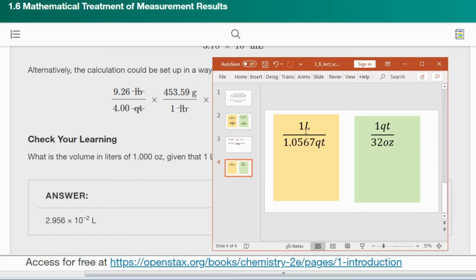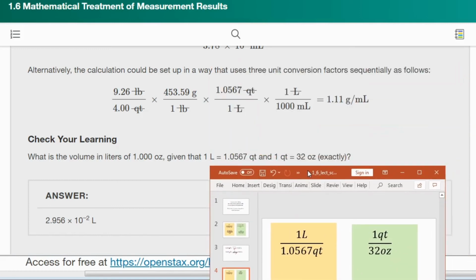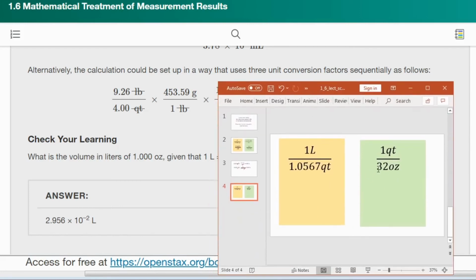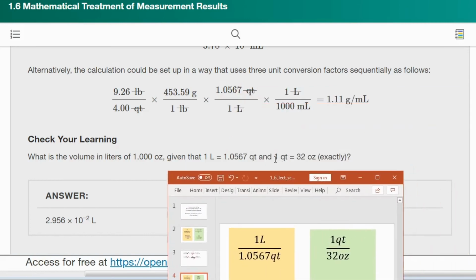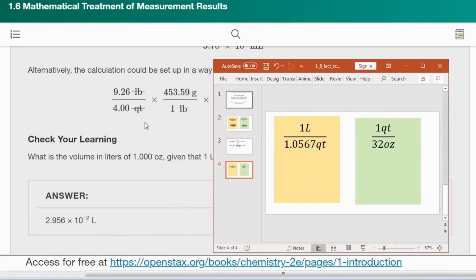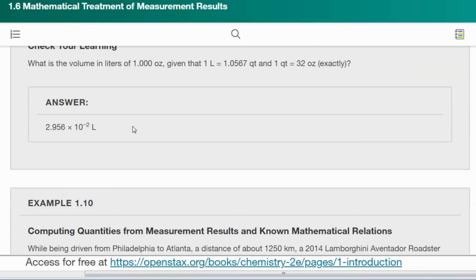We have to do it indirectly, so we have an intermediate step where we express it in quarts. Just start by putting the unit you want to get rid of in the denominator, and then put in the numerator whatever you have available. In this case, it's expressed in quarts. So 1 quart equals 32 ounces here. And let me just move this up a little bit so it's not quite so messy.